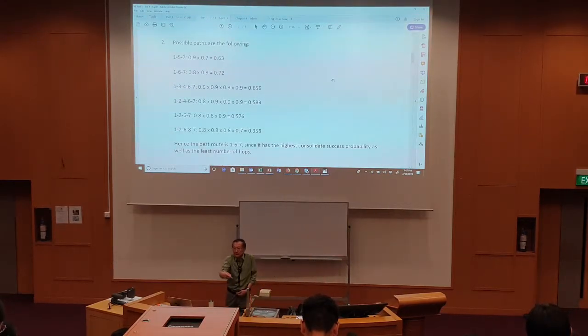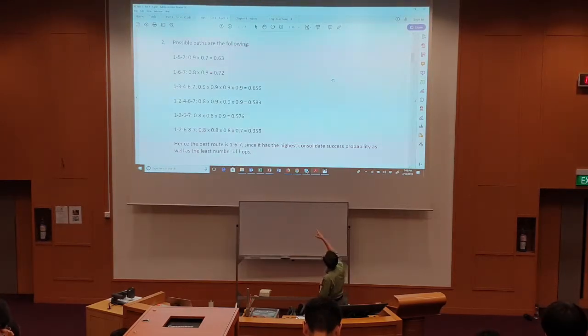You can refer to your figure because I cannot do pages at the same time. Okay? 12467, 1267, 1268. So which one is the highest? 167 is the highest probability. Straightforward, right? Any questions?